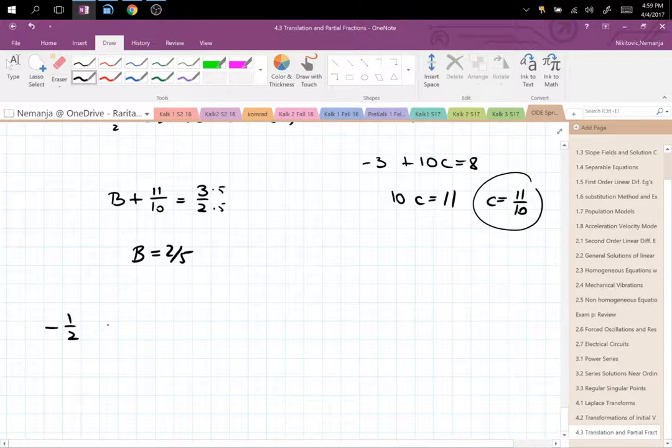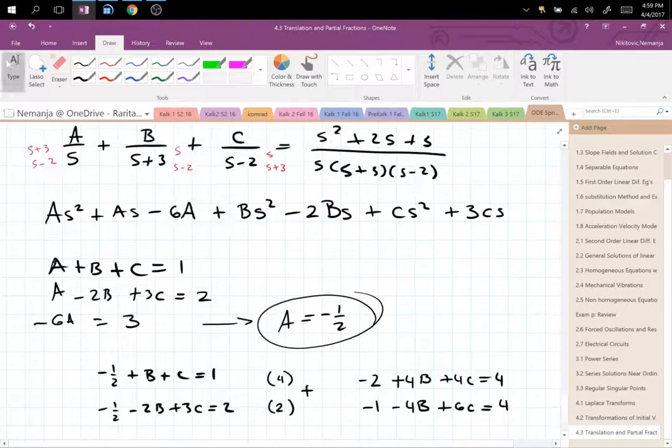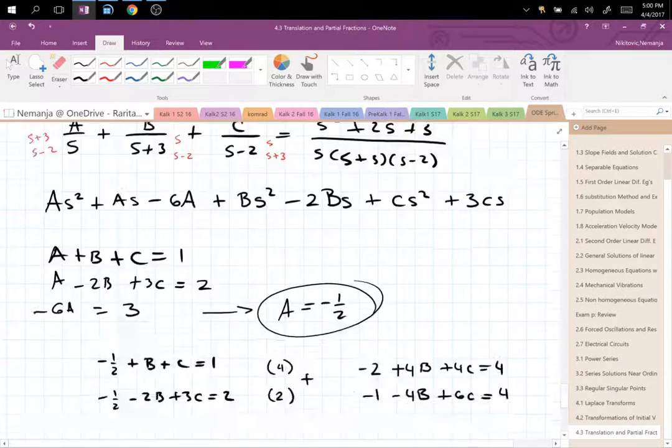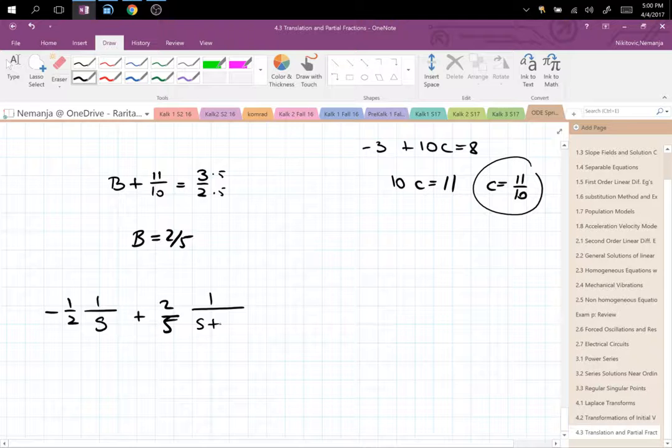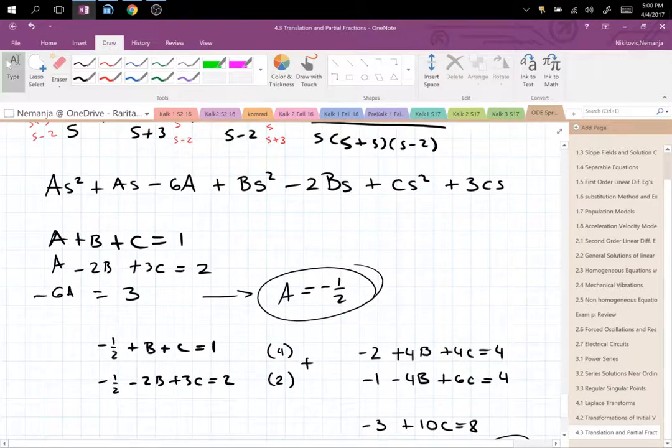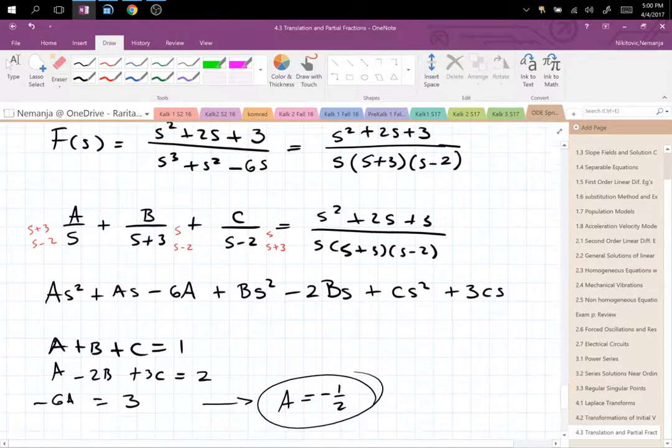Negative 1 half, 1 over s plus 2 over 5 of 1 over s plus 3, plus 11 over 10, 1 over s minus 2.